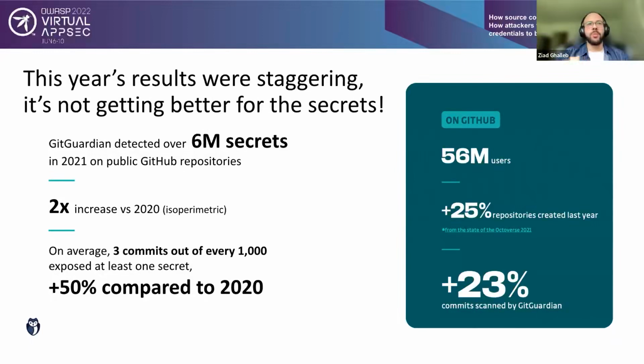So there are more than 60 million GitHub users, and there are more and more repositories created last year. And there are newcomers to the development world who do not necessarily know all the risks of poor secrets management and what could happen to them if they expose these secrets in public. So that also explains why we found so many secrets this year compared to the previous one.